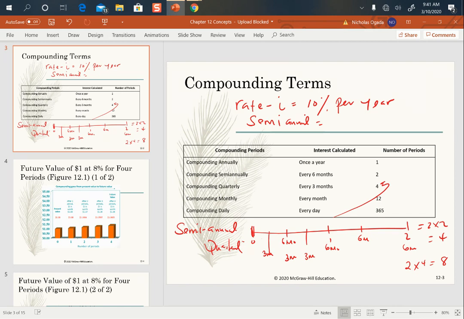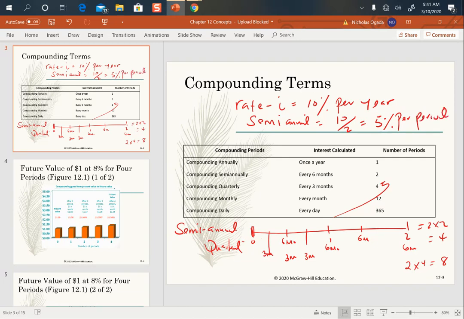So if you had a case of 10 years, 10%, and 2 periods per year, then the rate per period is going to be 10 divided by 2. So you have 5% per period.